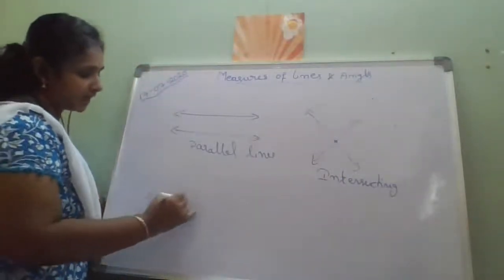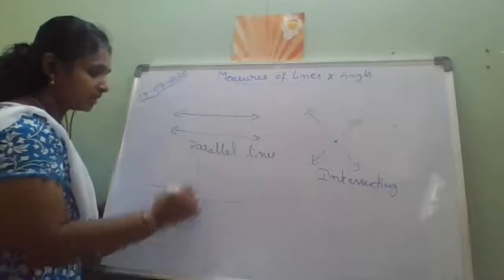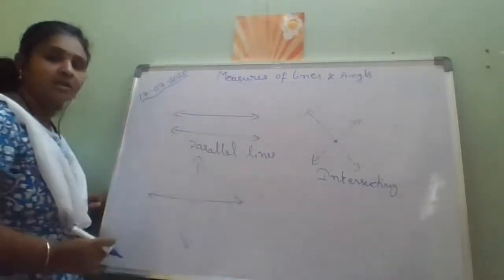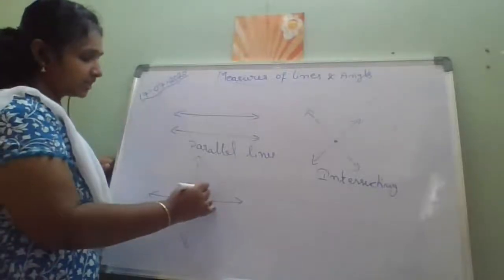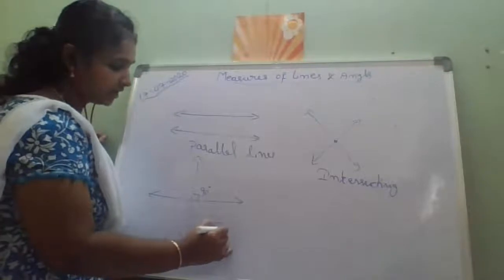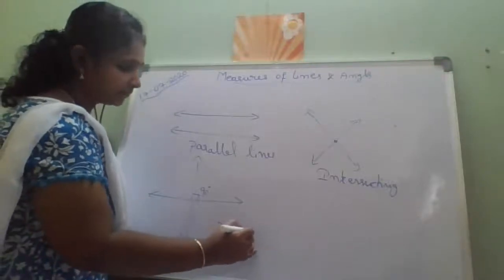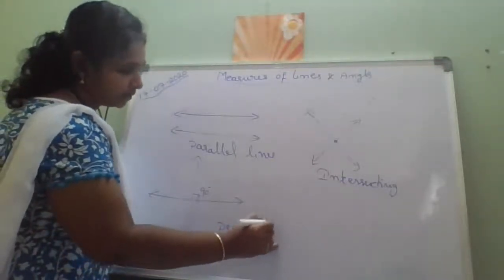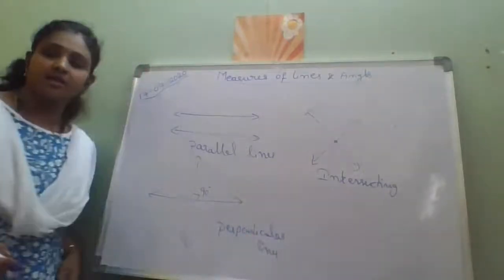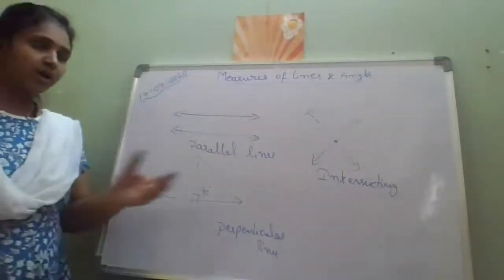Next, perpendicular lines means two lines intersect at 90 degrees. Two lines that intersect at an angle of 90 degrees are perpendicular lines. Okay, you got it.